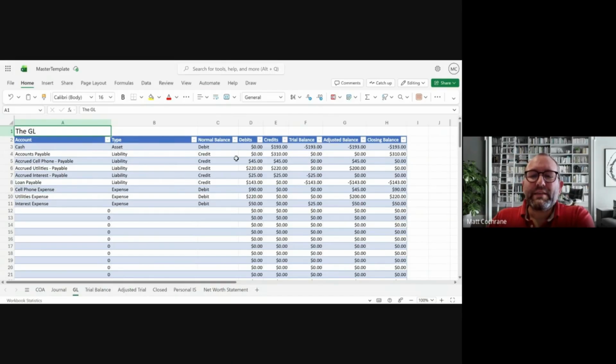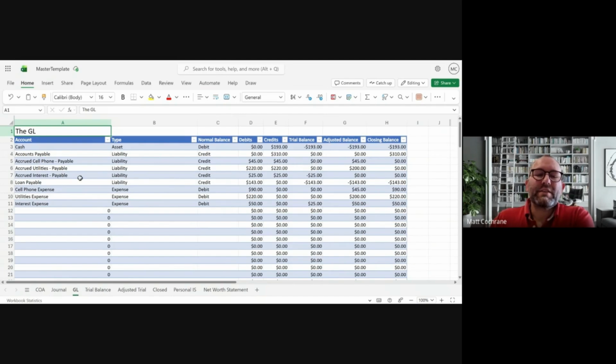Accounts payable, we can see that those increased by 310. We have an accrued cell phone payable, a debit for 45, but then a credit in the next period, so it clears that out. We then have a utilities payable, 220, 220 cleared out, so 0 for the trial balance.